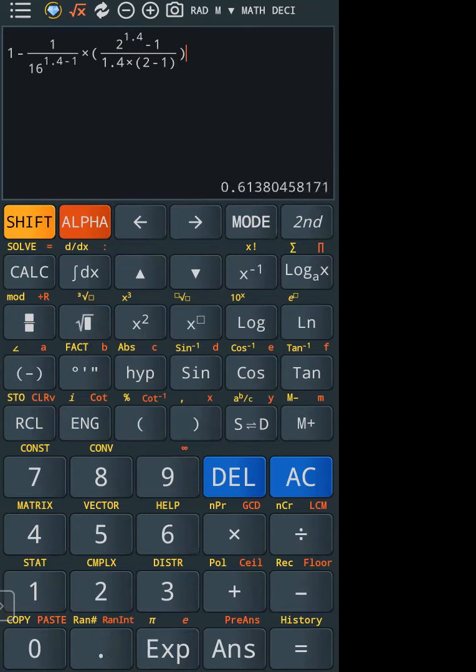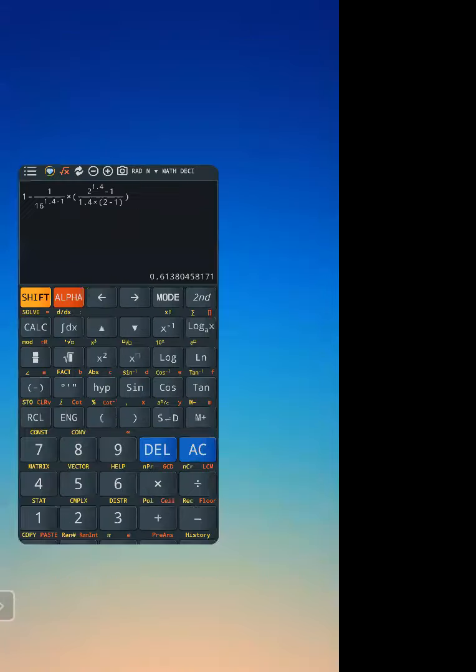So what value of efficiency are you getting? You are getting 0.6138. See, this is the efficiency of the diesel cycle, right?